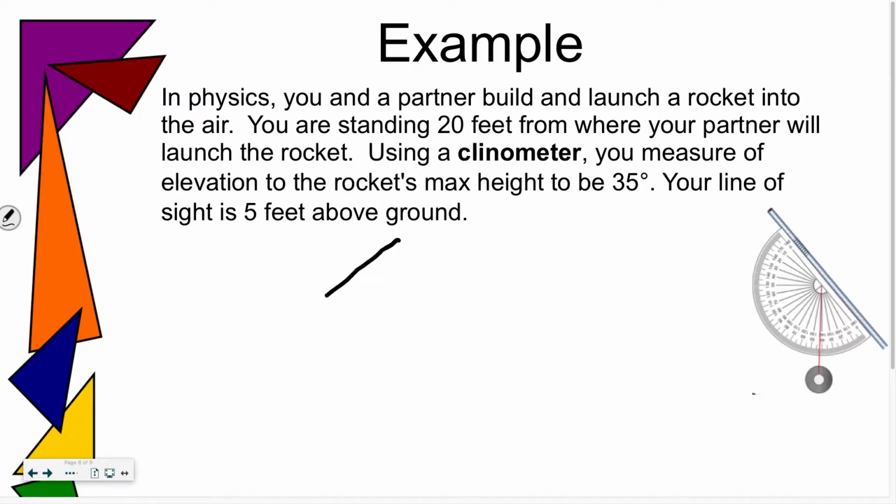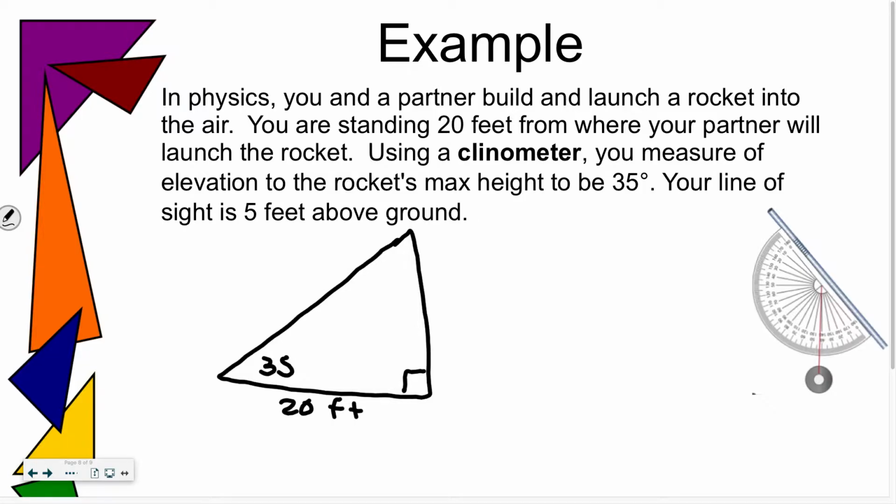How high it actually goes. But then, I think the height is the leg. That's what I think the height is. The leg. Yeah, I hear what you're saying. Eyesight is 5. This is the line of sight. We figure out how 5 is.